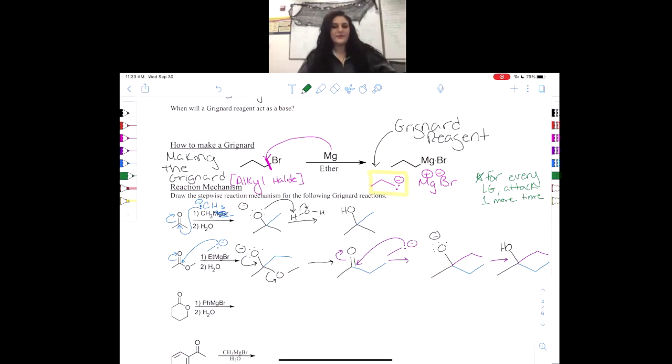And then for every leaving group, we add 1 more of the Grignard reagent. So theoretically speaking, if we had 2 leaving groups, like if we had 2 of these ester structures, we could replace them both and add double the nucleophile. But that doesn't really ever happen. You're usually only going to get 1 leaving group, so you're only going to attack twice.